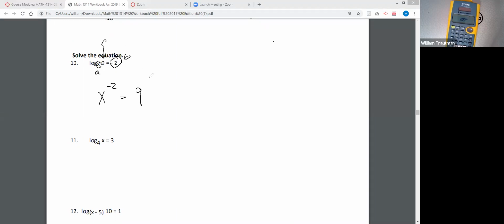A to the b power equals c. 9 changes to 3 to the second power, right? Once the bases are the same, then the powers equal each other. Or once the powers are the same, then the bases equal each other.